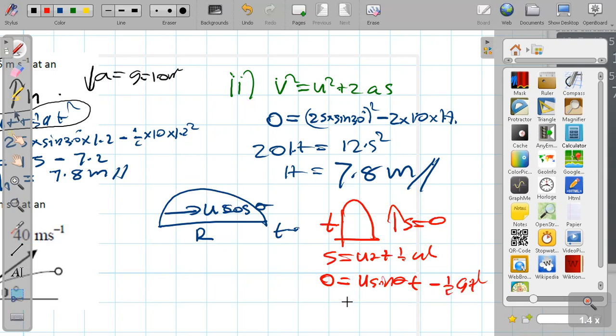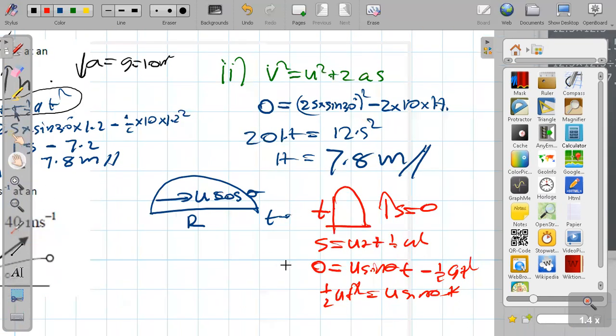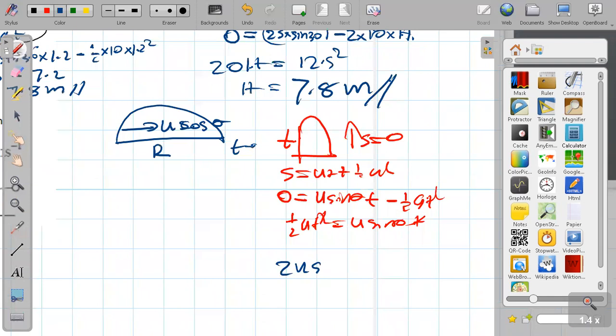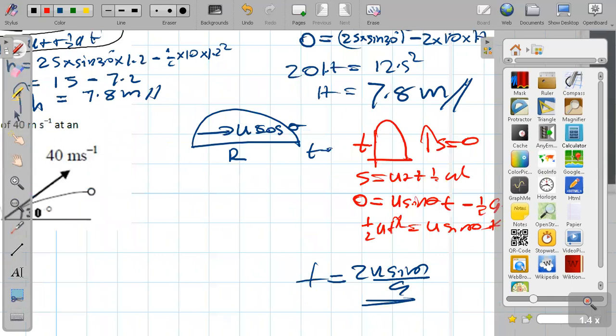So half gt square is going to be u sine theta t, and one t is going to get cancelled off. So my final answer is 2u sine theta over g equals t. So keep it. And the other one is what? The range: u cos theta multiplied by this result, 2u sine theta over g.